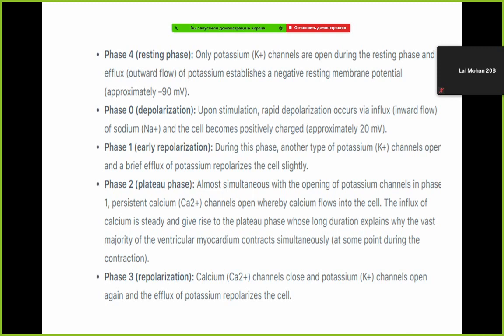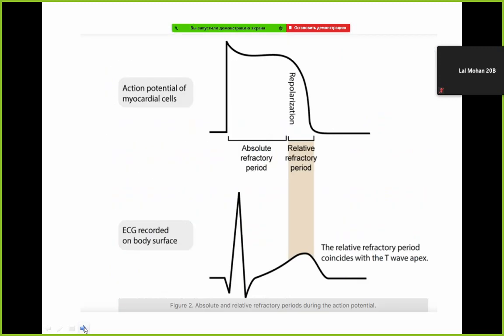And the last phase, phase 3, repolarization. Calcium channels close and potassium channels open again, and the efflux of potassium repolarizes the cells. So as seen in figure 2, the relative refractory period coincides with the T wave apex.